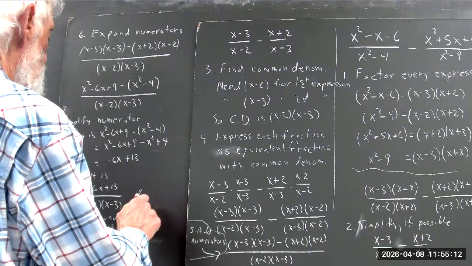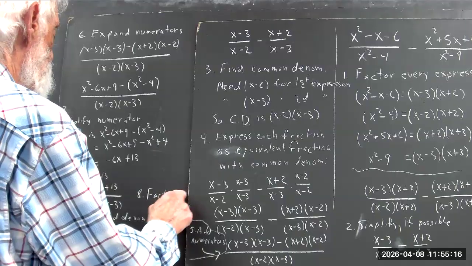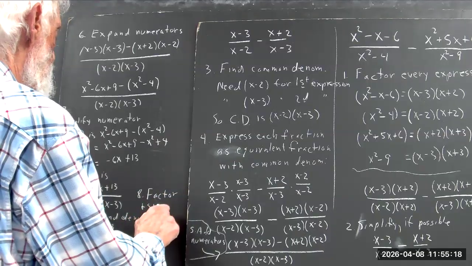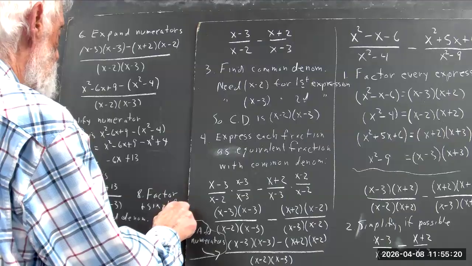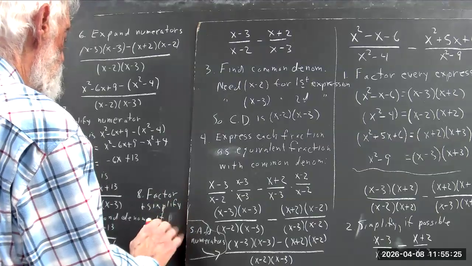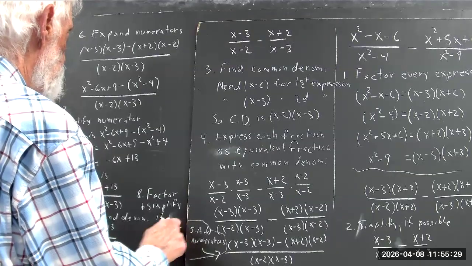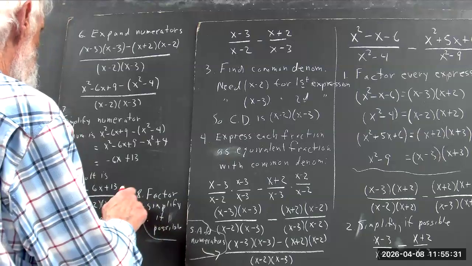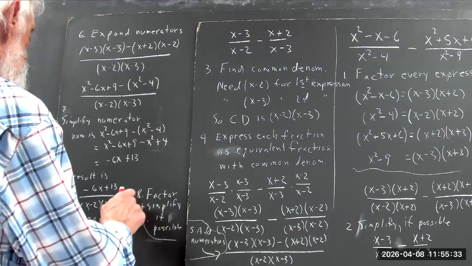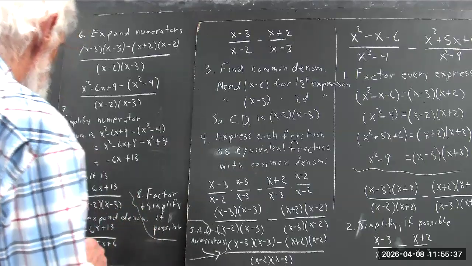I'm going to say step 8: factor and simplify if possible. So I'll just leave that in there.